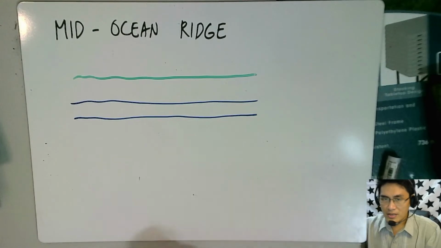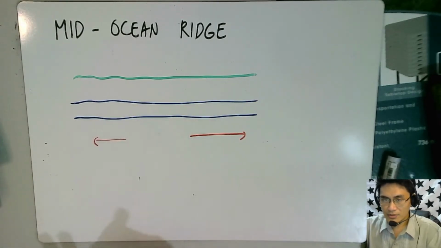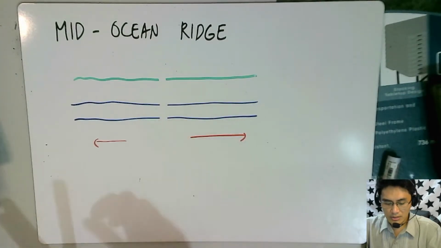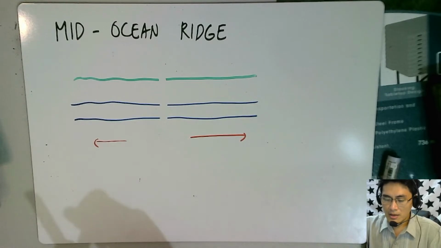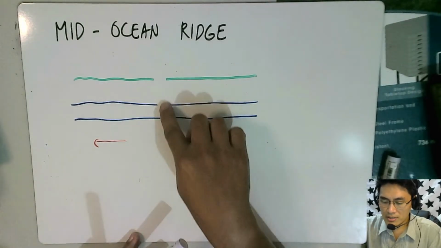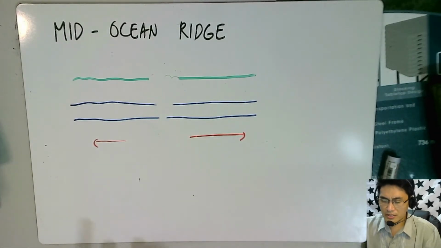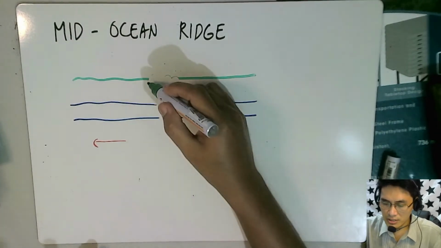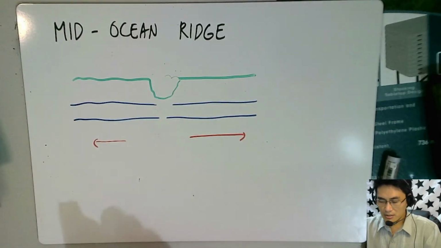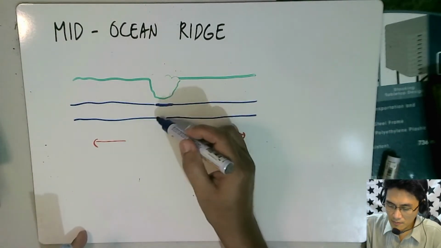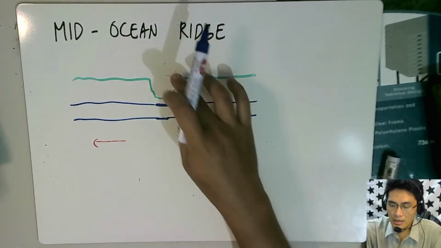And when there is divergence in these types of plate, just like what we said before, a crack develops at the center, and because of that crack, this depresses. So at first, that depression is just like this, so it doesn't reach the basaltic layer, right? And so we call this a rift valley.